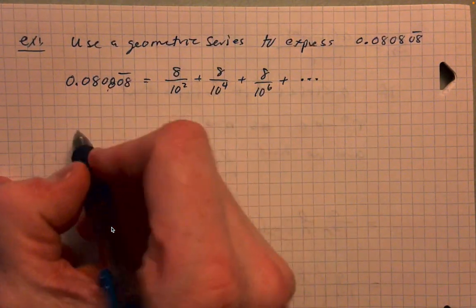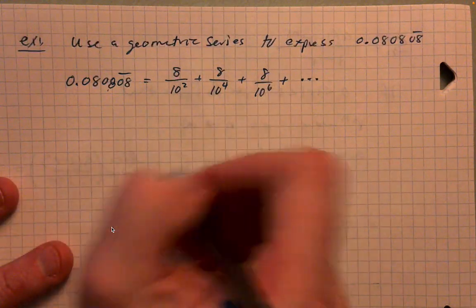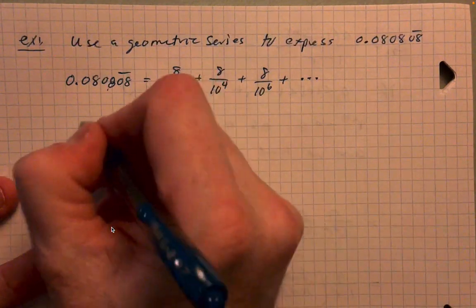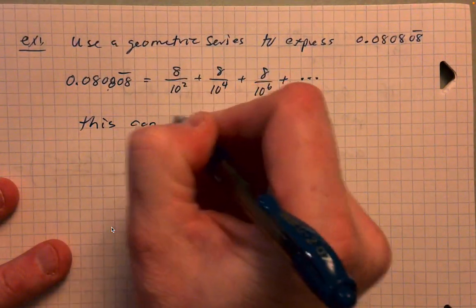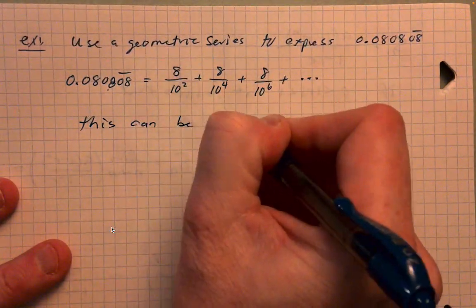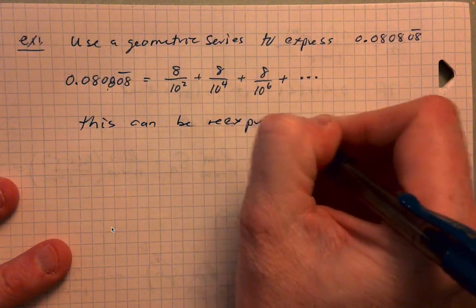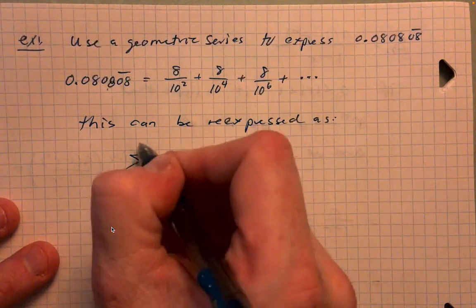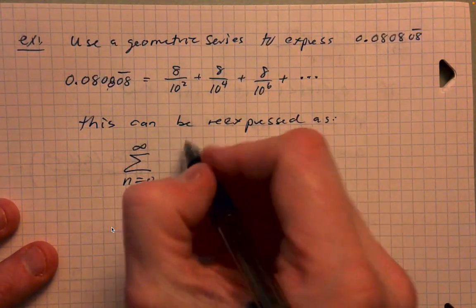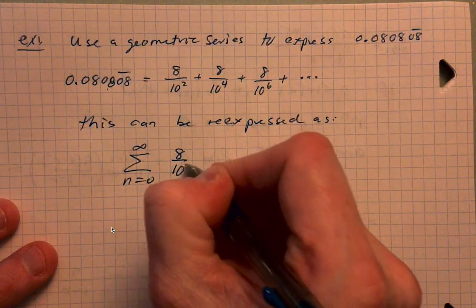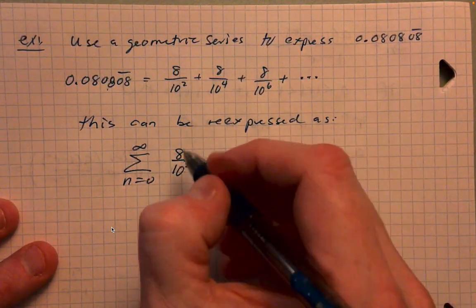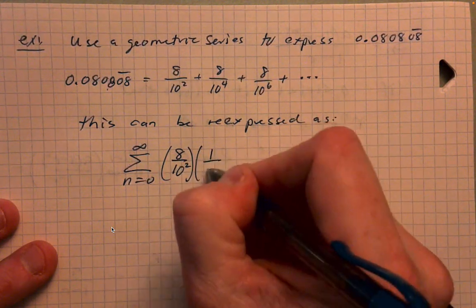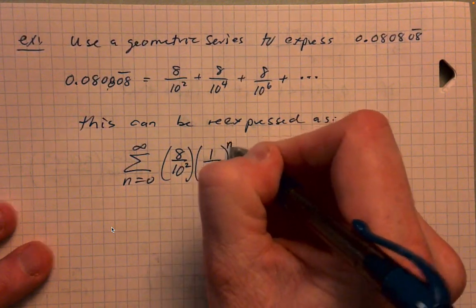The way to re-express this so it fits the geometric series would be to write the sum n equals 0 to infinity of 8 over 10 squared times 1 over 10 squared to the nth power.